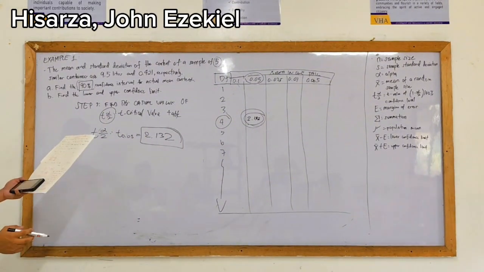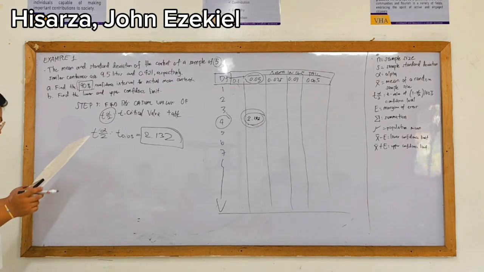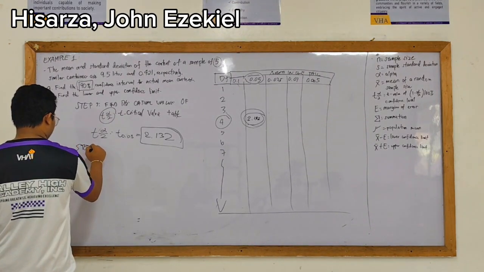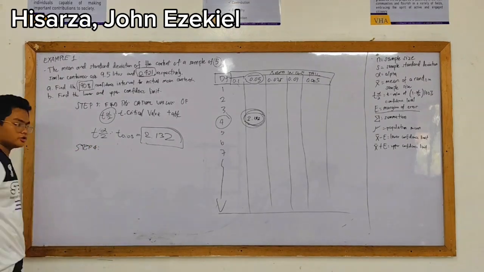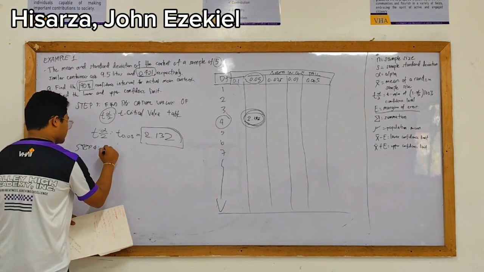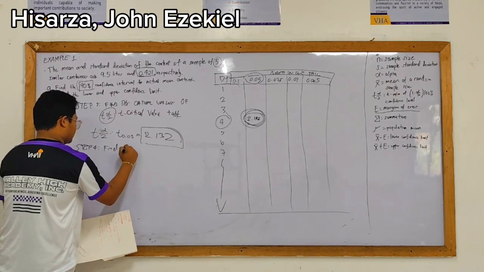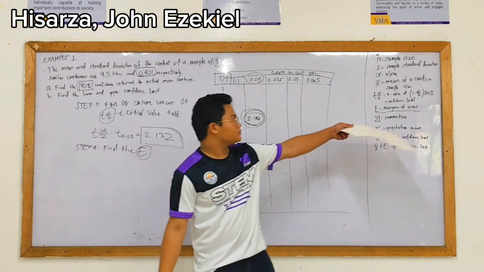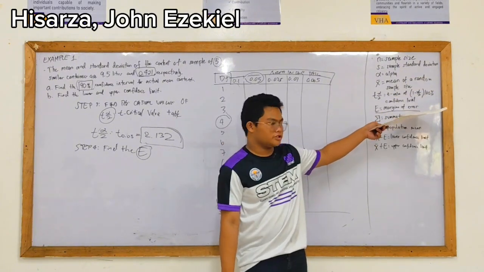Now we'll move on to our step number 4. For step 4, we're just going to find the margin of error. E stands for the margin of error.